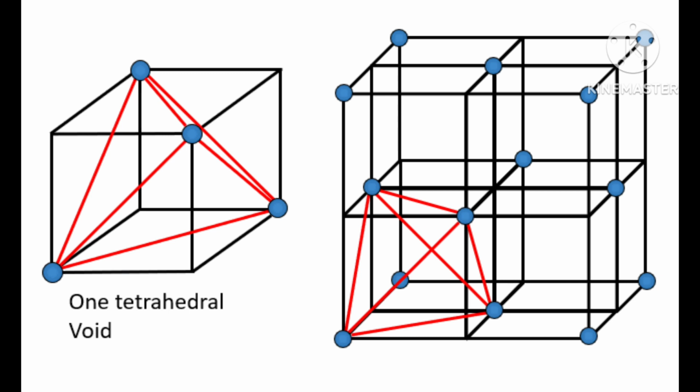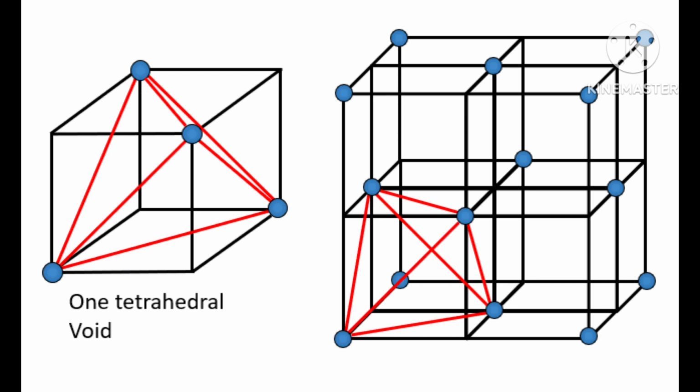Then here you can understand now that the number of tetrahedral voids is twice the number of atoms. Meaning 4 you have kept in one cube, but in total in the bigger unit cell it was 8. Correct? 8 tetrahedral voids are there in 8 cubes, but in one cube a total of 4 atoms was there.